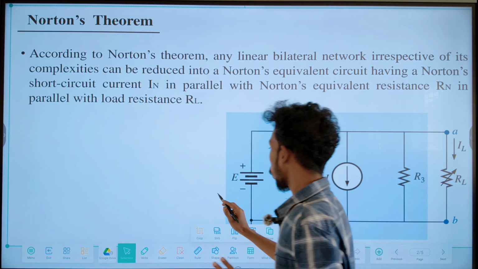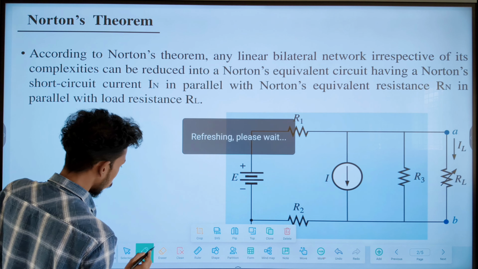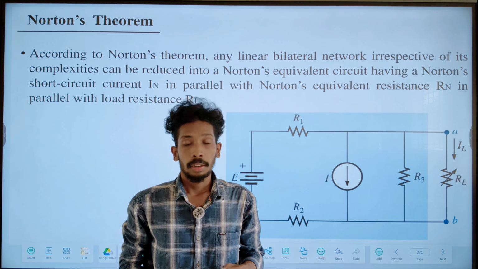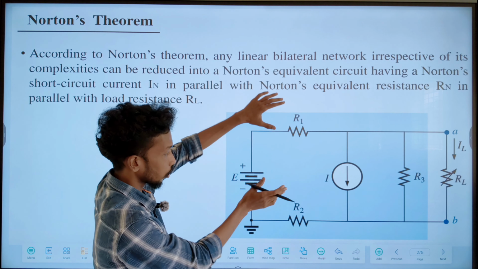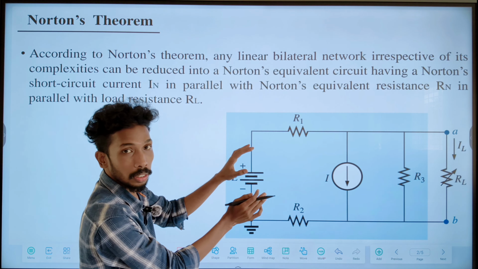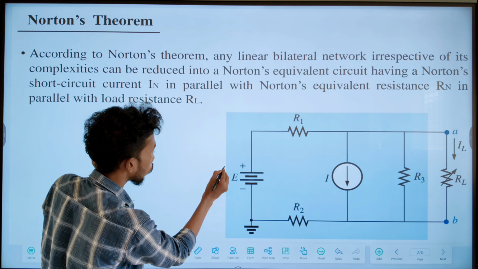So if you go for Norton's theorem, then we can easily understand what they are telling. Suppose this is your complex circuit, one complex circuit. If we apply Norton's theorem in this circuit, then this circuit will look like this.